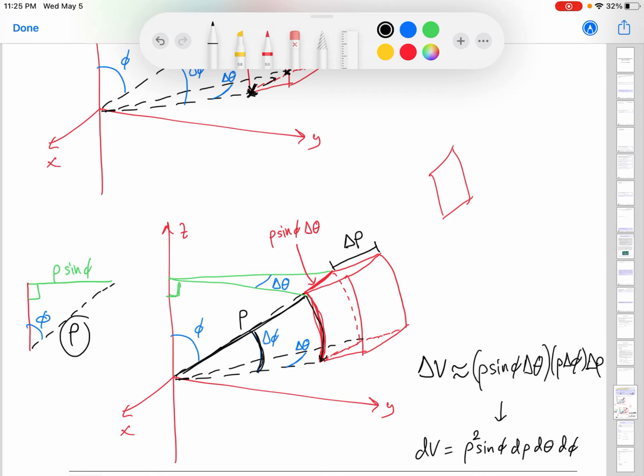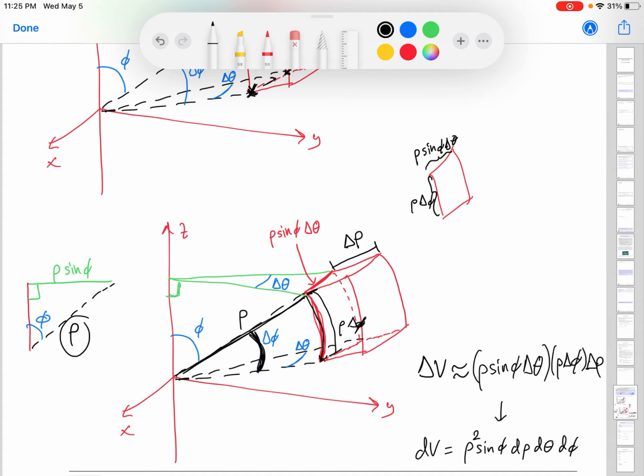So this arc length is rho delta phi. So this is length rho delta phi up here, and this is length rho sine phi delta theta. That's this length here, that's this length here.